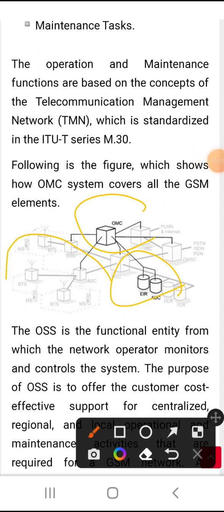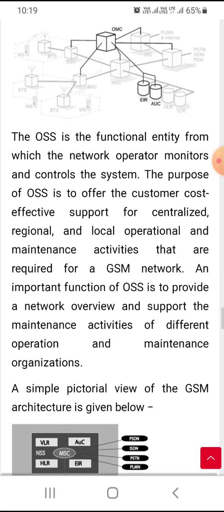One cell is connected to the mobile station, and these are connected to the BTS, BSC, and MS. The OSS is the functional entity from which the network operator monitors and controls the system.